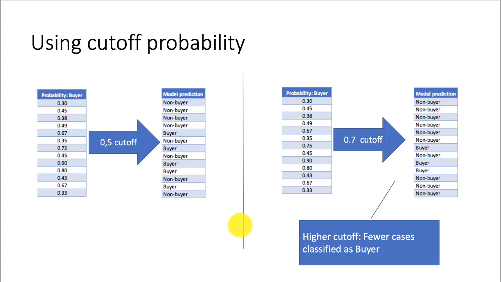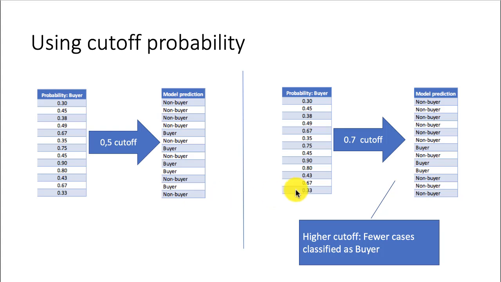And conversely, many people who were actually buyers but were treated as non-buyers, if you lower the cutoff, then you will catch some of those buyers, right? So for example, somebody with a probability of 0.4 who was actually a buyer, the 0.5 cutoff would have eliminated them, whereas if you used a 0.4 cutoff, you'll catch those buyers. But of course, that is going to happen at the cost of you accepting more non-buyers as buyers, right?